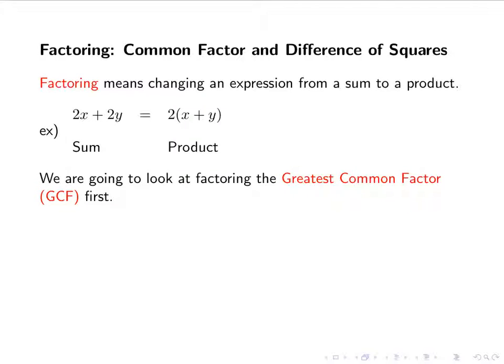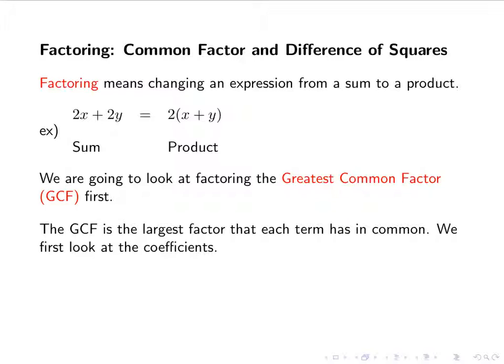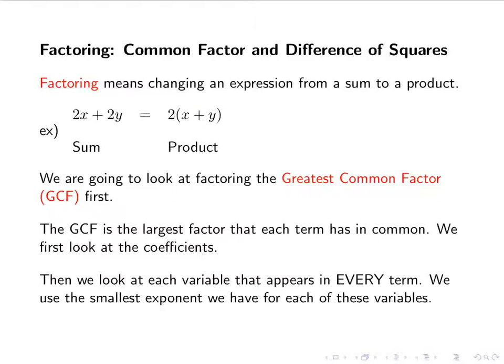The first thing we're going to do is look at factoring out the greatest common factor, generally called the GCF. So the GCF is the largest, hence greatest, factor that each term has in common. First, we look for the GCF of the coefficients of each term.